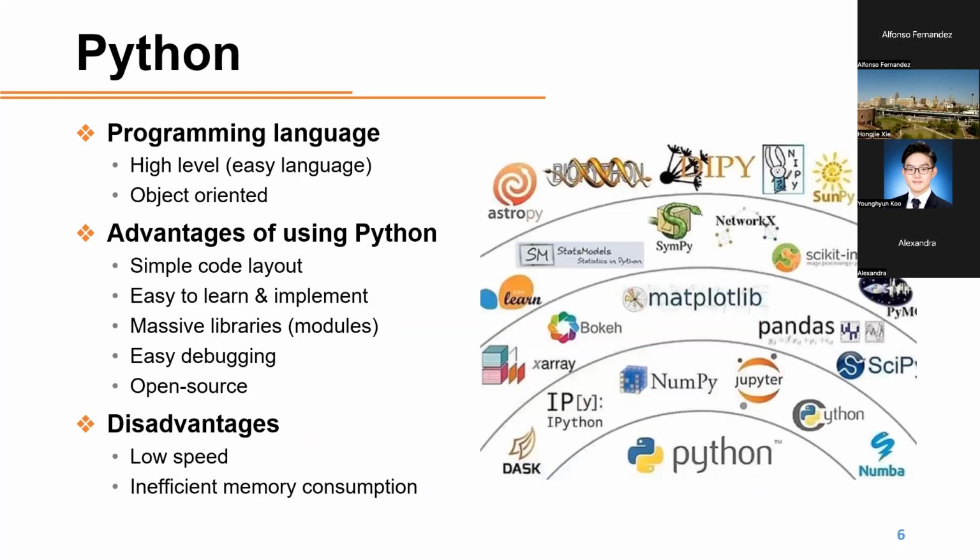Of course, Python has lots of advantages compared to JavaScript. Okay, it is a high level programming language, object oriented, and can have very simple code, easy to learn. There's a massive library, it's easy to debug, and open source. The disadvantage is speed is a little bit lower compared to JavaScript, and sometimes inefficient memory consumption.